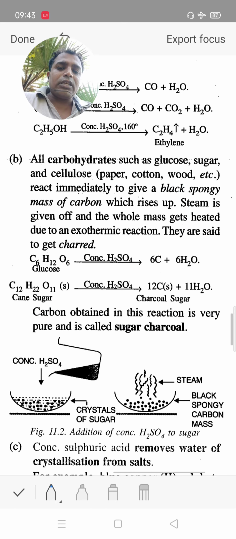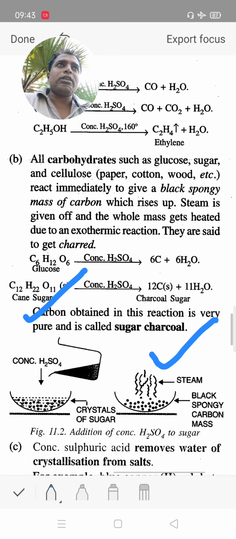The carbon obtained in this reaction is very pure and is called sugar charcoal. When cane sugar reacts with sulfuric acid, it gives pure charcoal, also known as sugar charcoal.